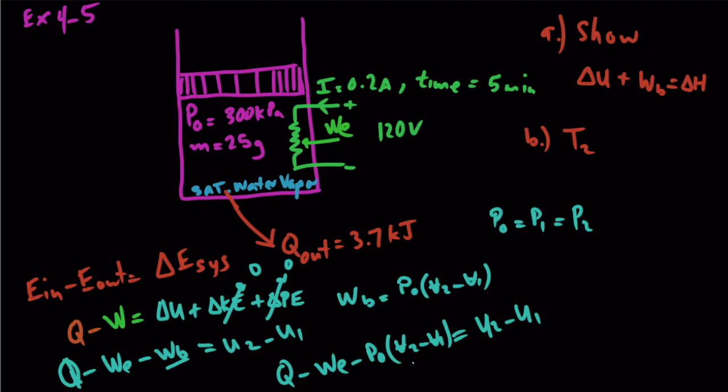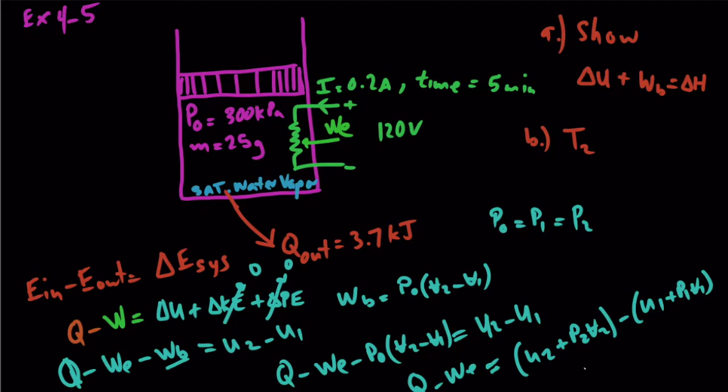So we can regroup, and we'll get something that looks like this: Q minus work electric is equal to, and we put everything on the right-hand side, regrouping with each subindex, U2 plus P2 V2 minus U1 plus P1 V1.